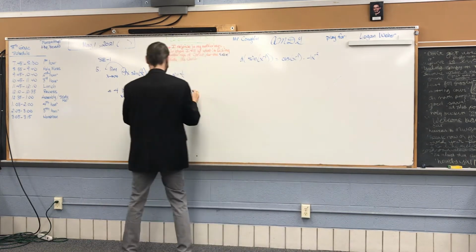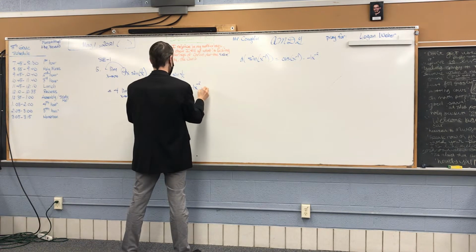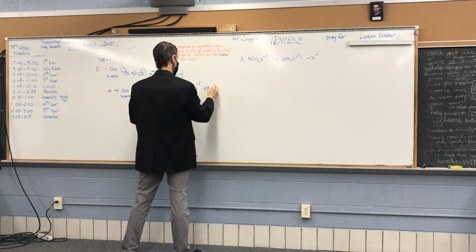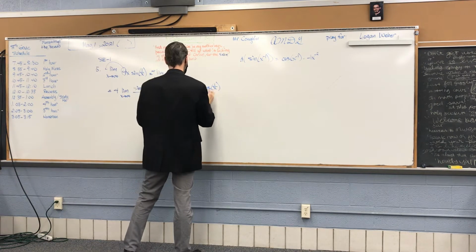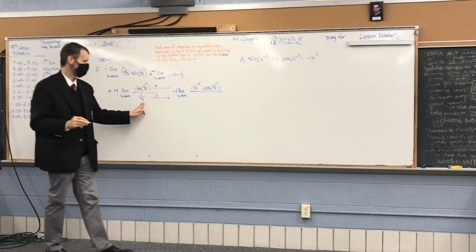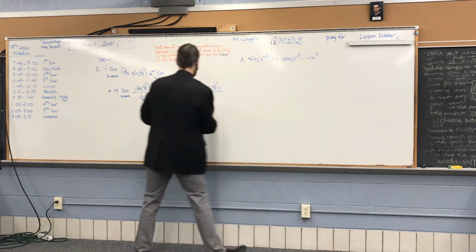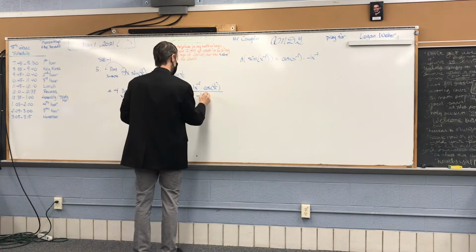So we now have negative 1 x to the negative 2 times cosine of 1 over x, over the derivative of 1 over x, which is negative 1 x to the negative 2.